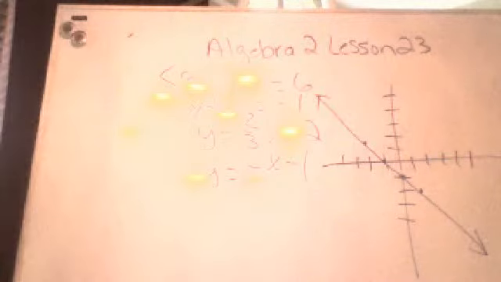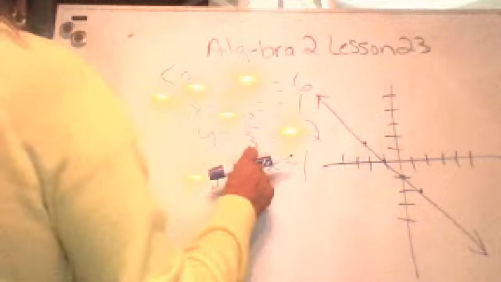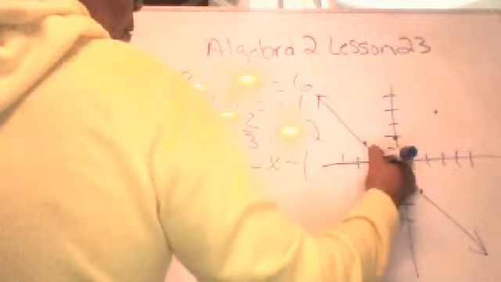That's my first equation. That's an easy one. The second one is y equals 2/3 x plus 2. So we go to 2, up 2 over 3. Then do the opposite, down 2 over 3.